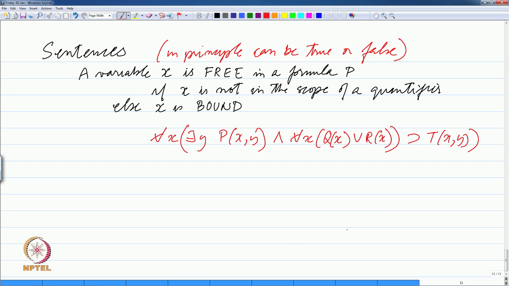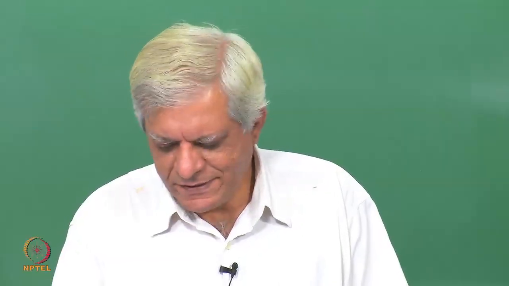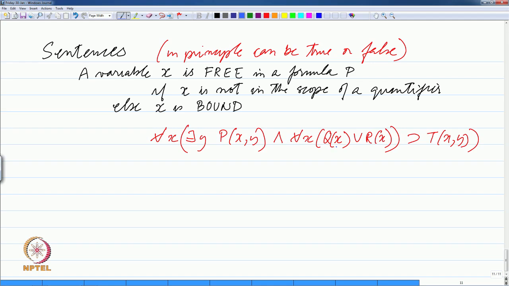So, some random formula I have written. We need to identify which occurrences of variables are free and which are bound. Remember that if a variable is in the scope of a quantifier, it is bound, otherwise it is free. You can see that this x after for all is bound by this quantifier here, because it comes in the scope here. Likewise, this is bound by this. So, these are bound.